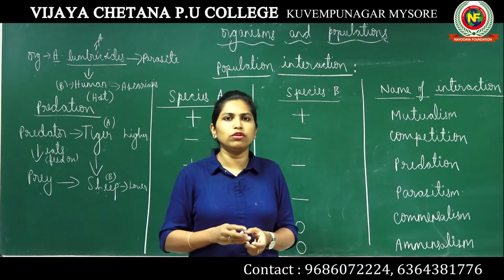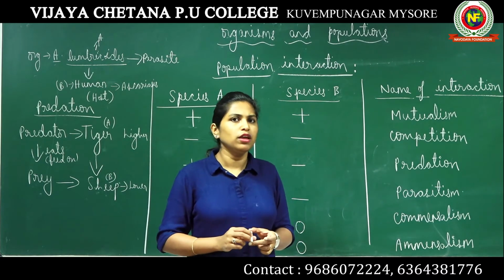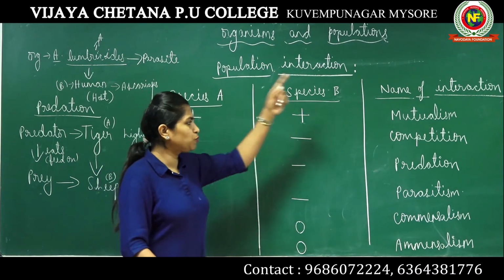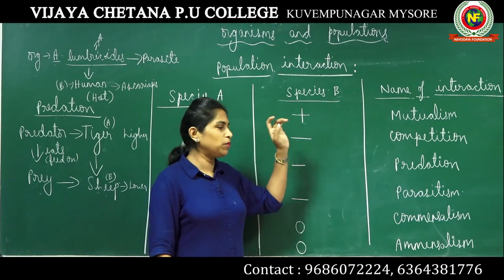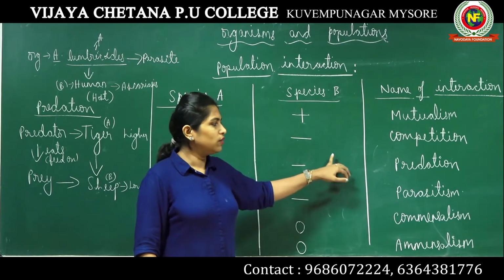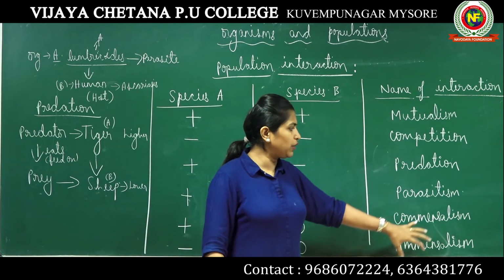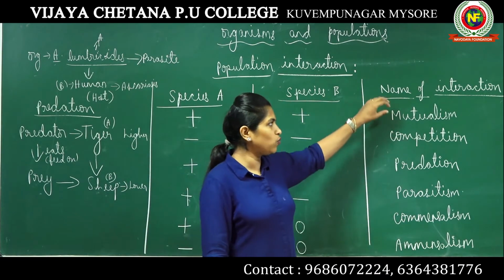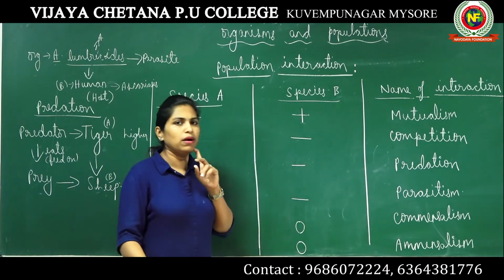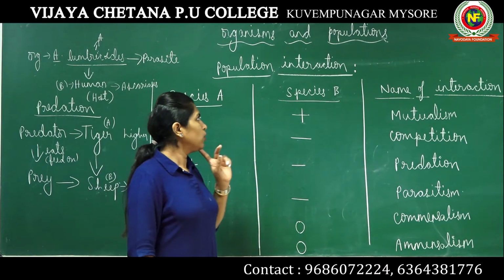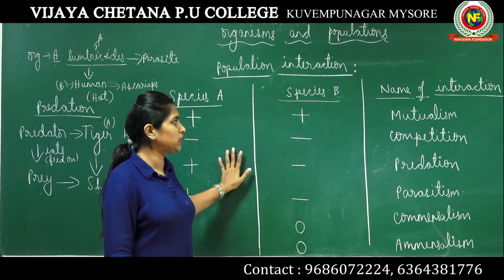So this topic is very, very important from your exam point of view. All the different types of interactions could be asked, or one particular interaction could be asked for 2 marks, 3 marks or 5 marks. Okay, so this is all about population interaction.